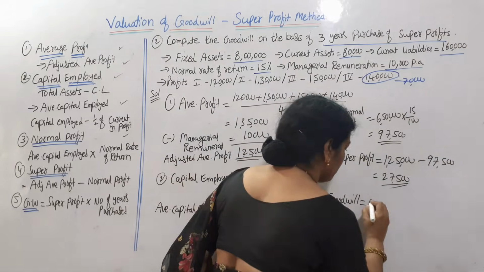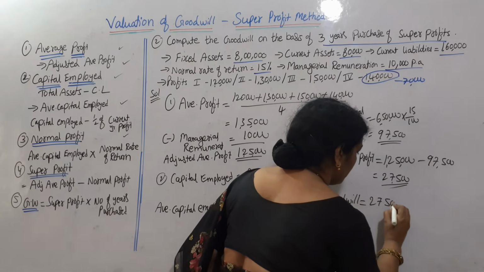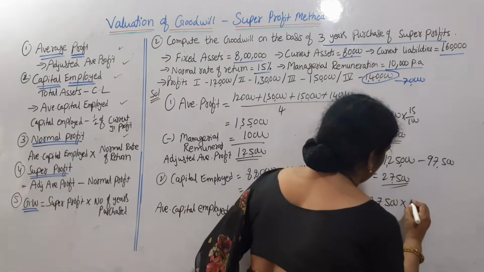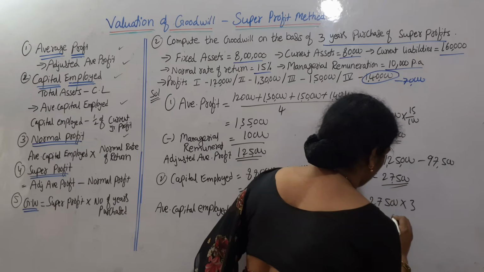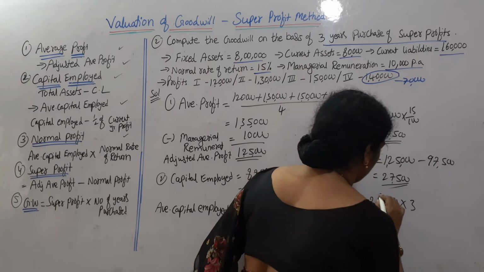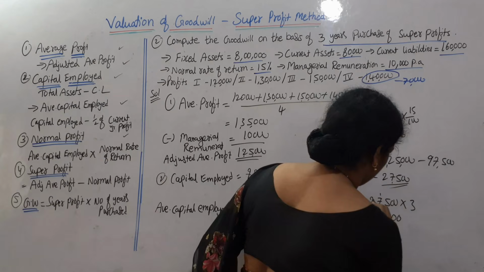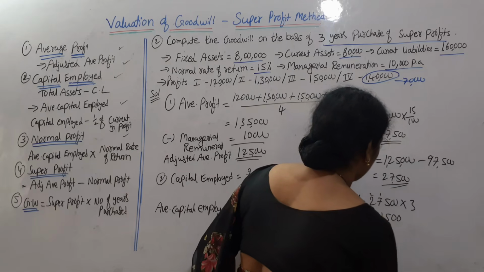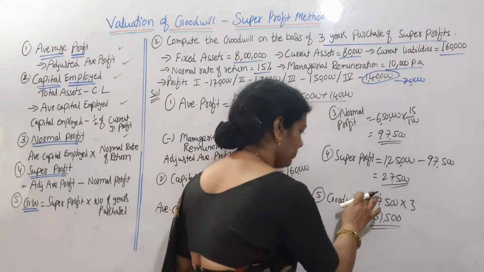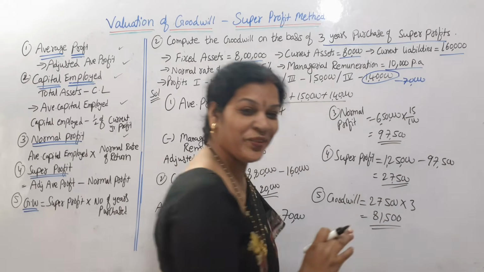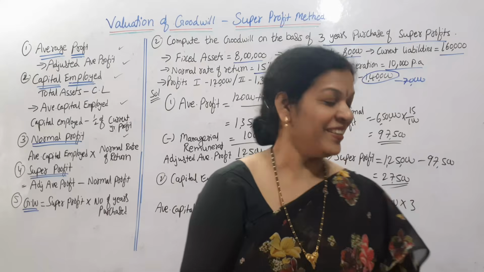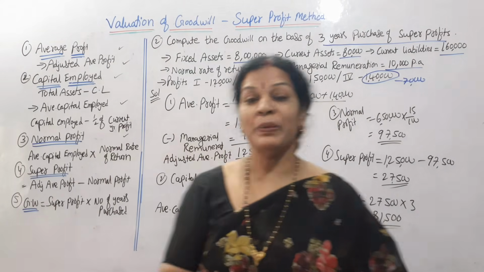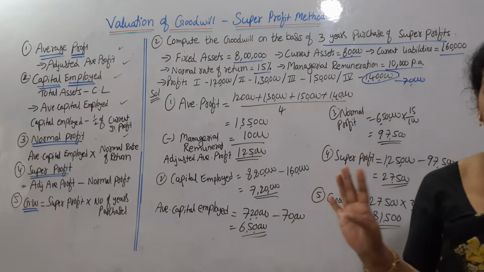Super profit is 27,500 into number of years purchased, 3 years. 81,500. Sometimes I do the calculations inside of the mind only. So this is goodwill. Am I clear? So please take a screenshot. Then after that I'll give you my recap.